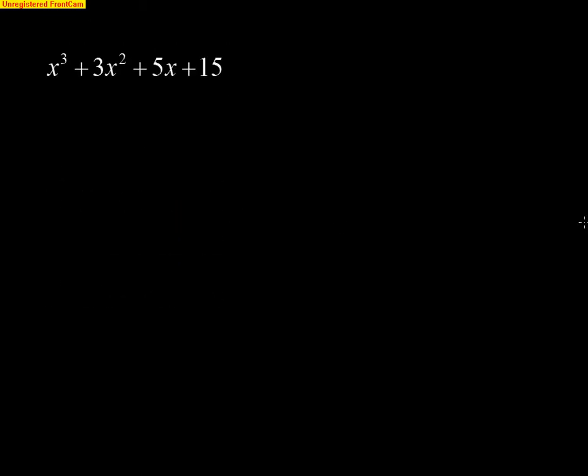Here I've got x cubed plus 3x squared plus 5x plus 15. So again, I'll draw parentheses around the first set. I look at this set. All right, well, 1 and 3, there's not a greatest common factor here for 1 and 3, so I'm just going to leave that alone. And then between x cubed and x squared, I can take out an x squared, which will leave me with an x plus 3. And then between the 5x plus 15, I could take out a 5.